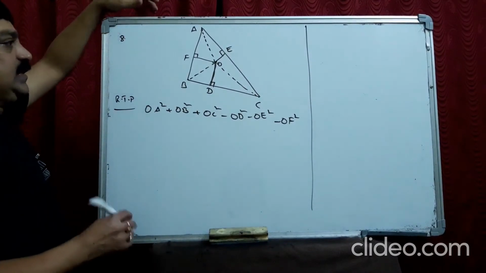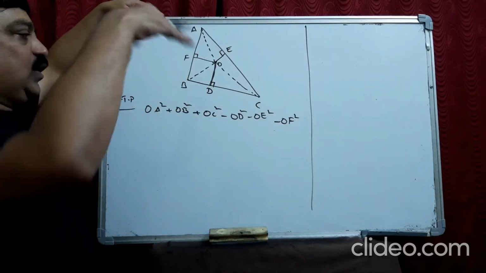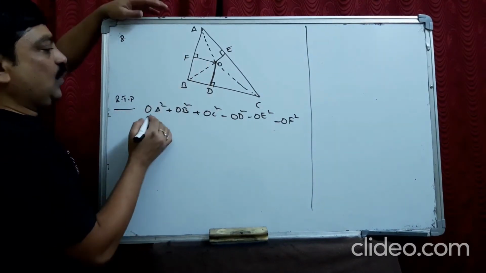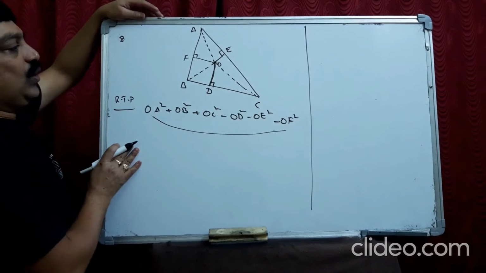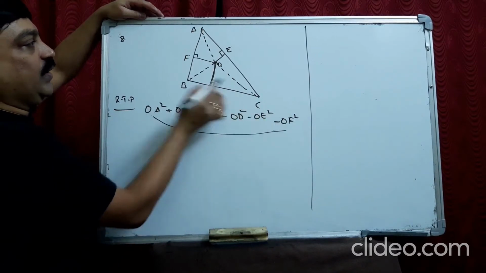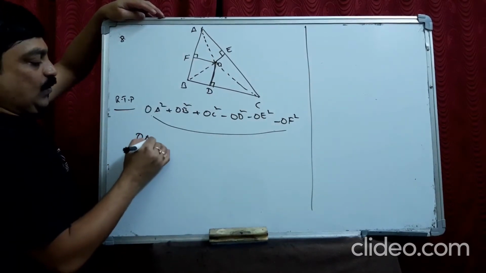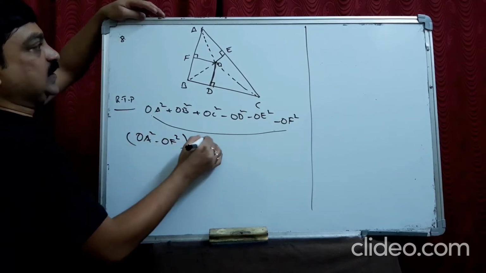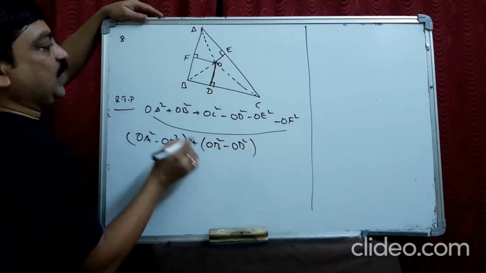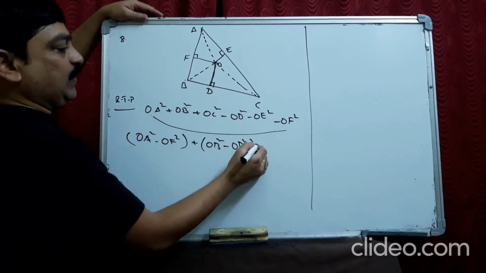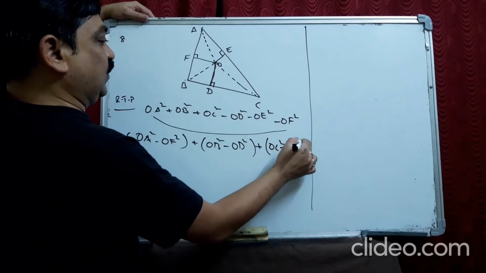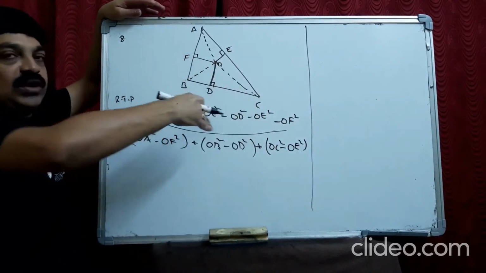When I take these things, we go clockwise or anti-clockwise. So when I take OA with OF, I want to go like that, clockwise. OA with OF: OA square minus OF square, since this is a right angle triangle, plus next OB square minus OD square, plus next OC square minus OE square, because I am going clockwise.